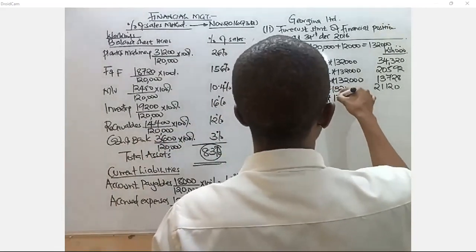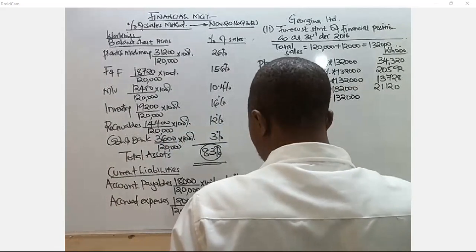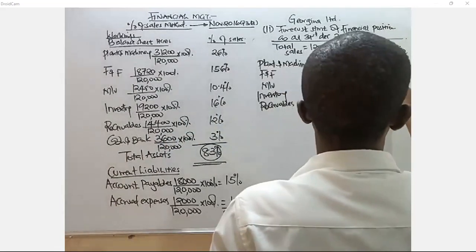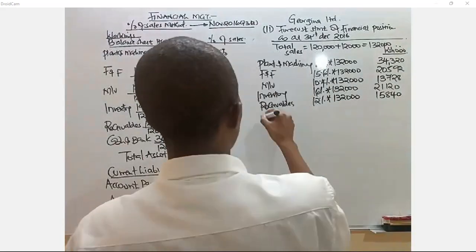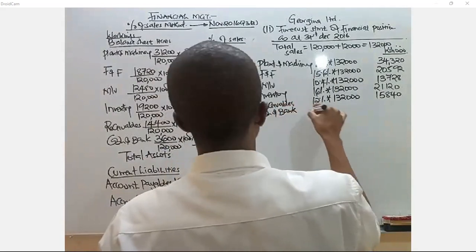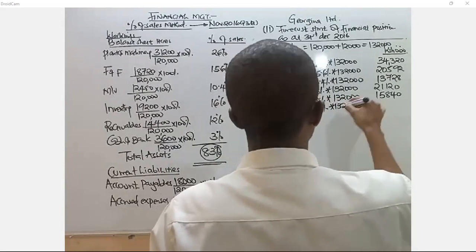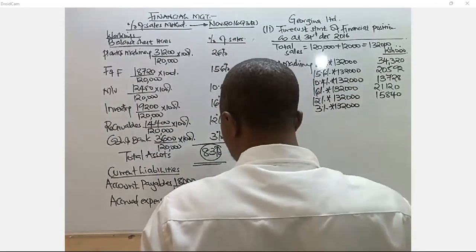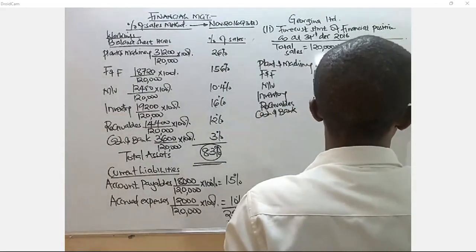We multiply by 132,000. 0.12 times 132,000, we are getting 15,840. Then the last one will be cash and bank. It should be equal to 3% of 132,000. 0.03 times 132,000, we are getting 960 here.